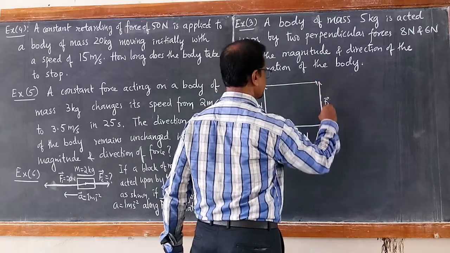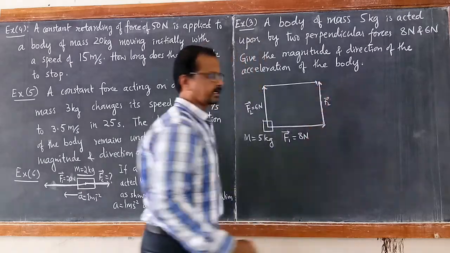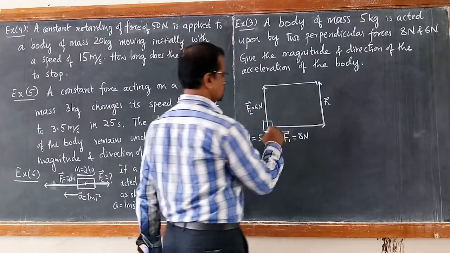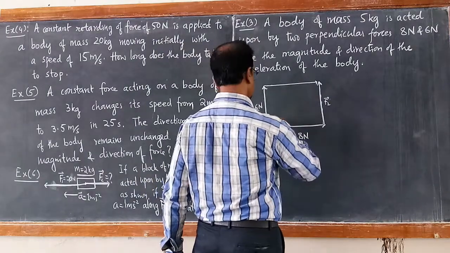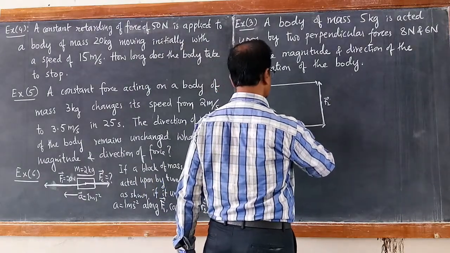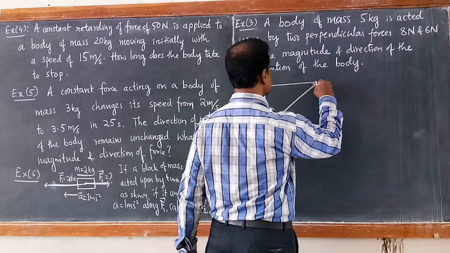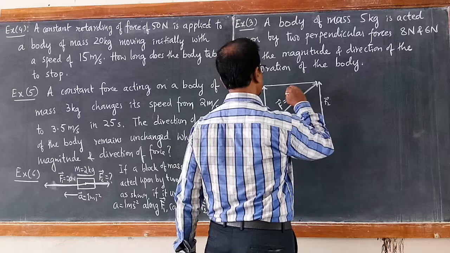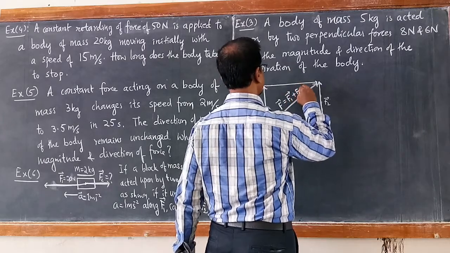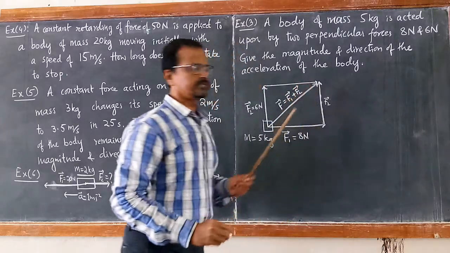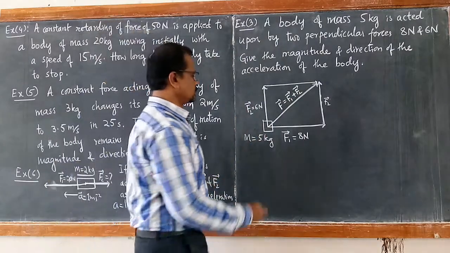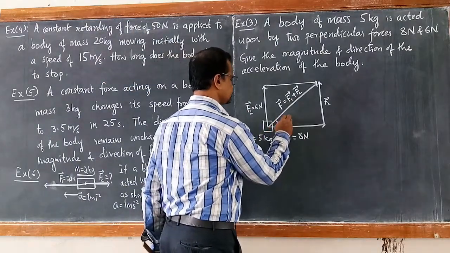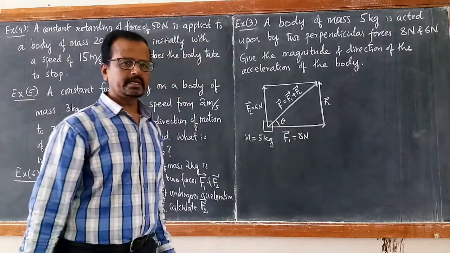If you construct a rectangle, then just join the diagonal. So this becomes the resultant force, which is equal to vector F1 plus vector F2, as we know earlier. This is the direction theta that we are supposed to calculate.